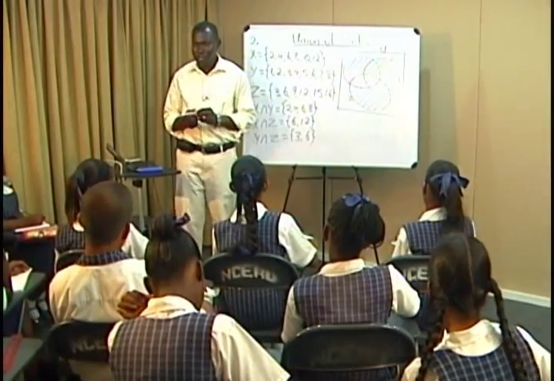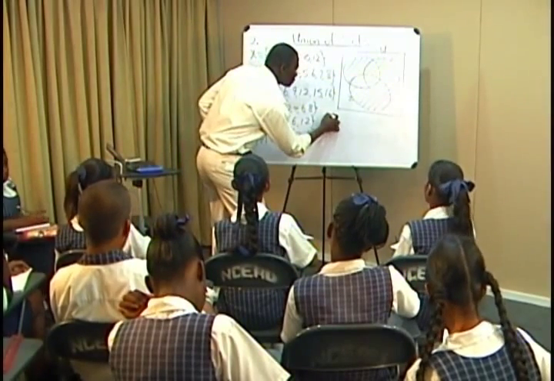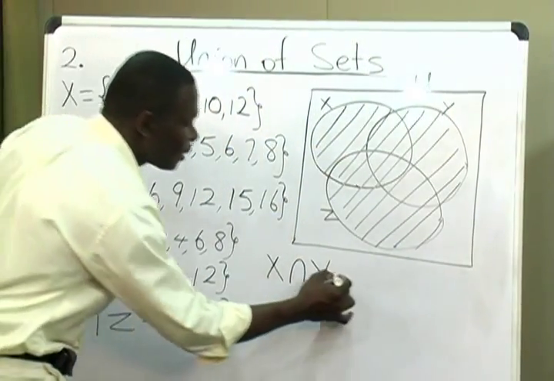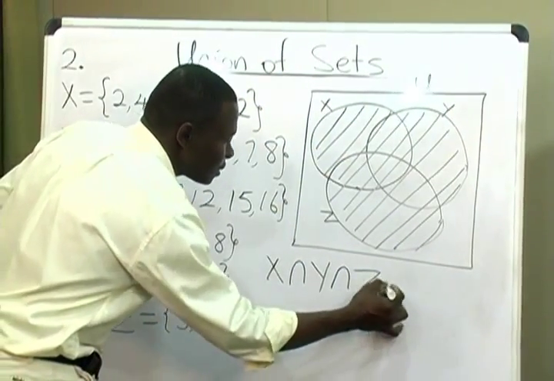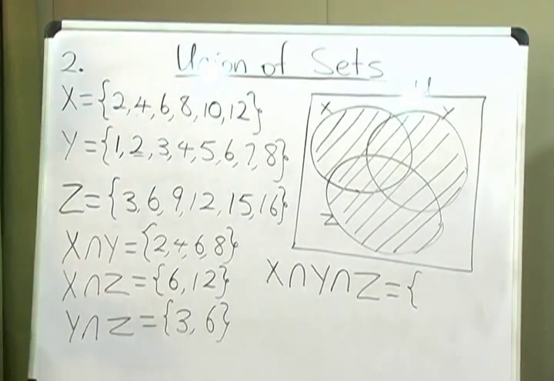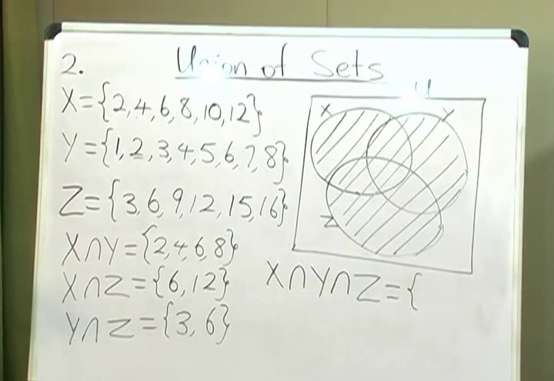There is one more intersection. What about X intersect Y intersect Z? Now we're looking for those elements that can be found in all three sets. 6.